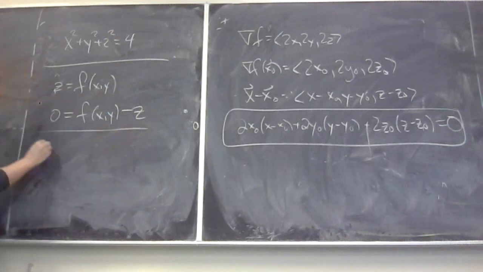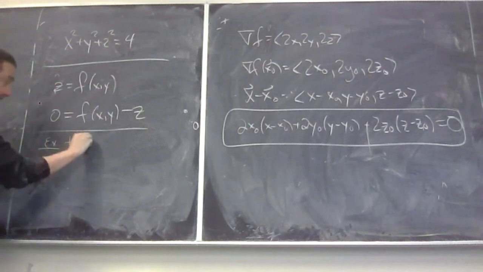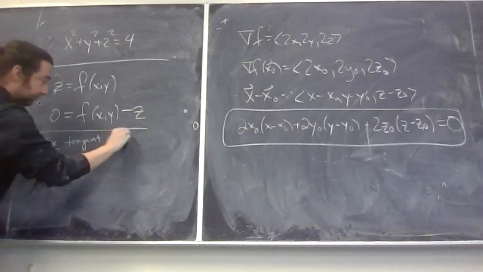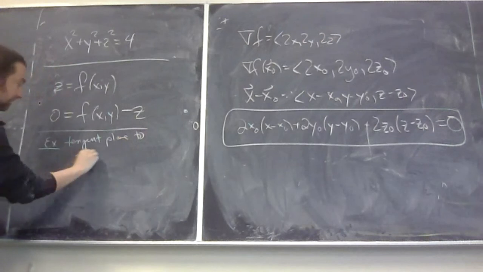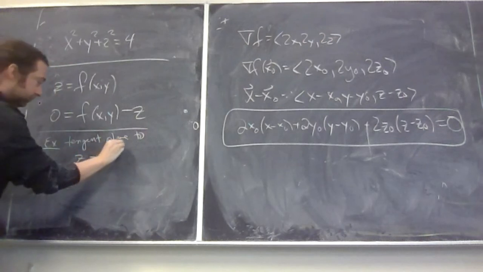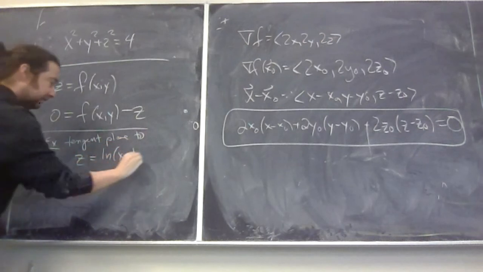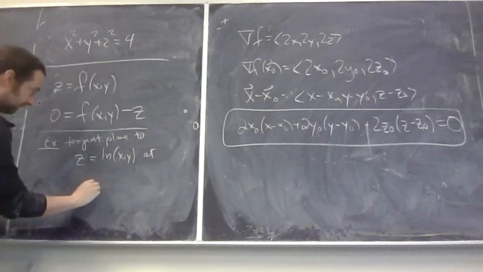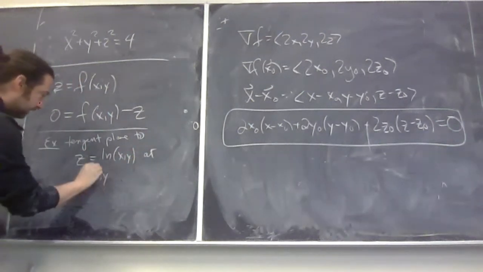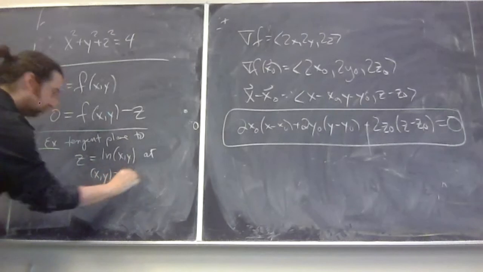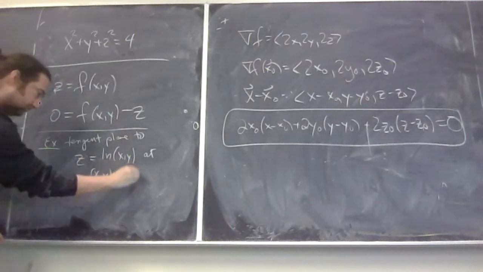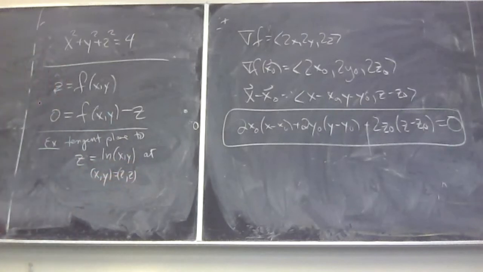As an example, if I said compute a tangent plane to z is equal to the natural log of xy at the point (x, y) equal to (2, 2), I could grind out a bunch of partial derivatives.